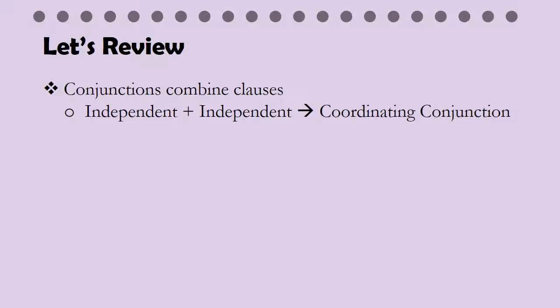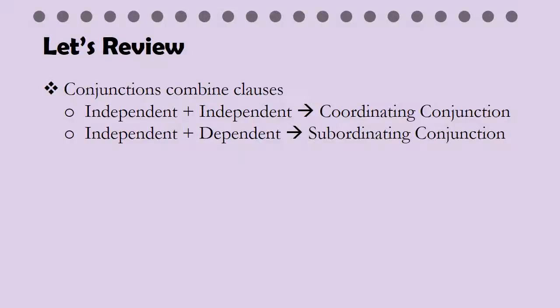So let's review what we've gone over so far before we get into your assignment. Conjunctions are words that combine clauses together. If you combine two independent clauses, you use a coordinating conjunction, and we remember those with the acronym FANBOYS. If you combine an independent clause and a dependent clause, you use a subordinating conjunction.